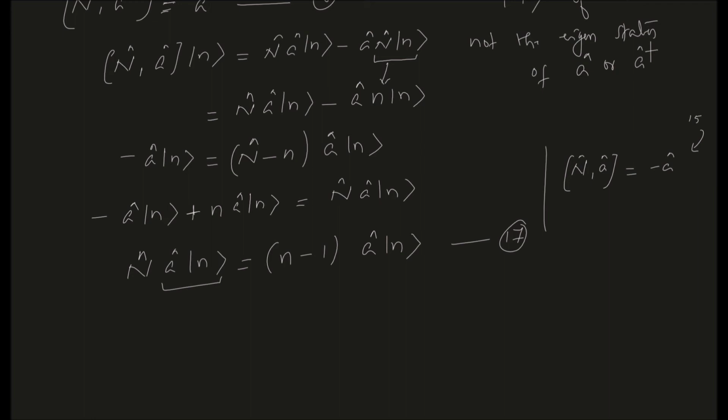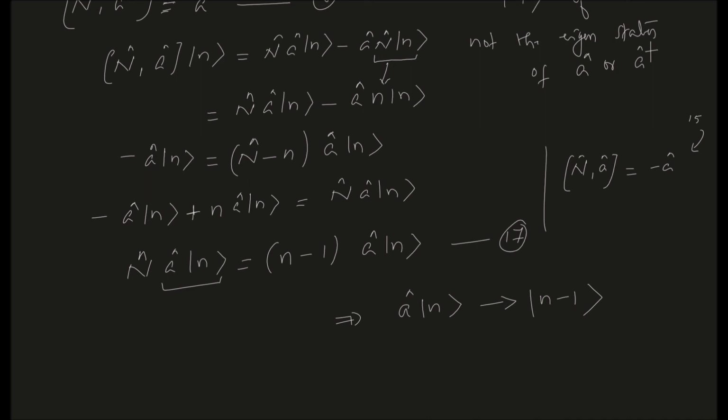What you can infer from this expression is that the effect of a acting on |n> is to generate an eigenstate which is lowered by 1 unit. It's not an eigenvalue, it is to generate an eigenstate lowered by 1 unit.